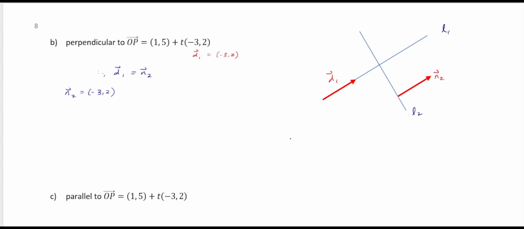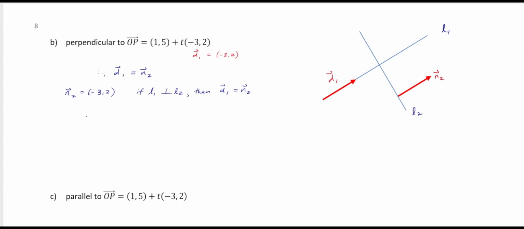Okay? Right? And we can write a little statement here. We can say if line 1 is perpendicular to line 2, then the direction vector of line 1 is equal to the normal vector of line 2.